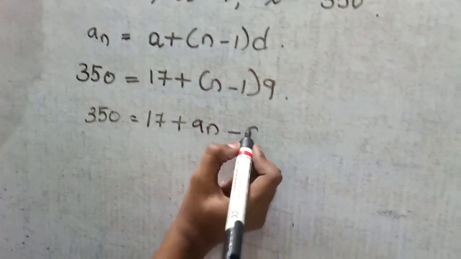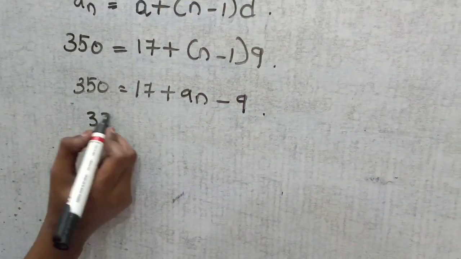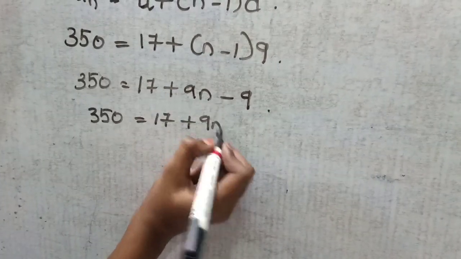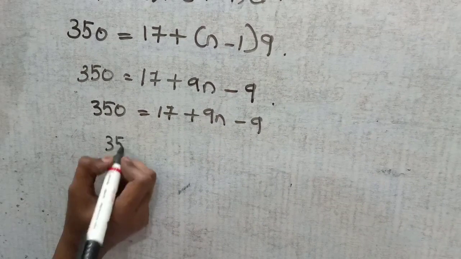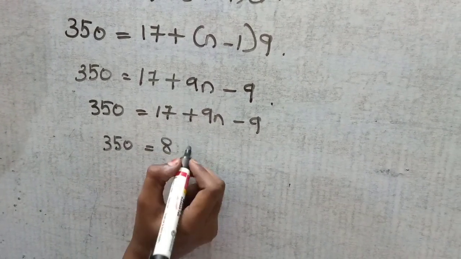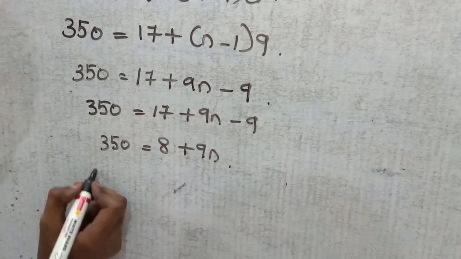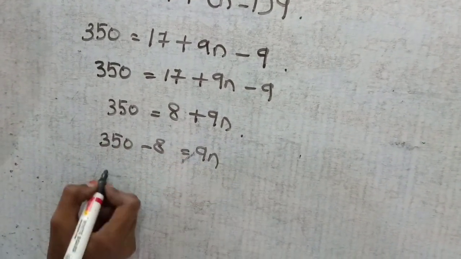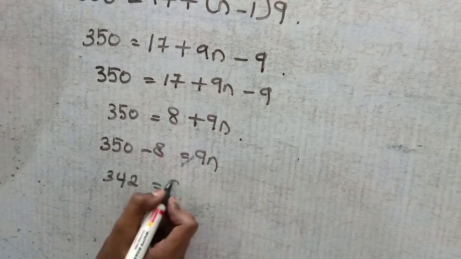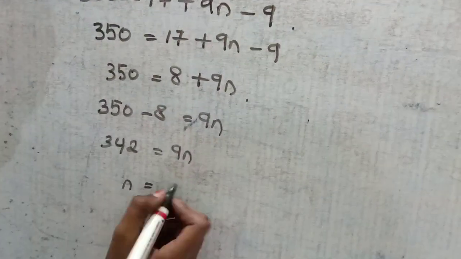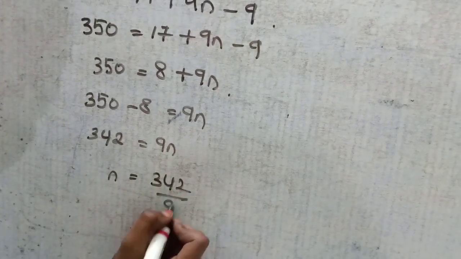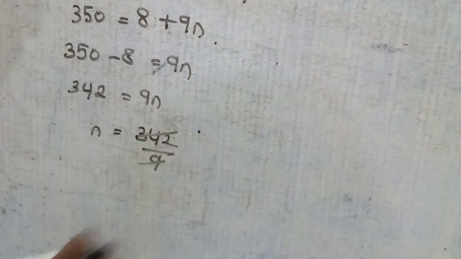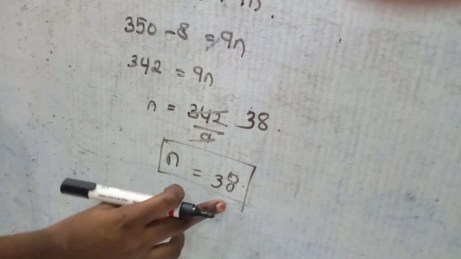Minus 1 into 9, 9. 350 is equal to 17 plus 9n minus 9. 350 is equal to 8 plus 9n. 350 minus 8 is equal to 9n. 342 is equal to 9n. n is equal to 342 by 9. 38. Therefore, n is equal to 38.